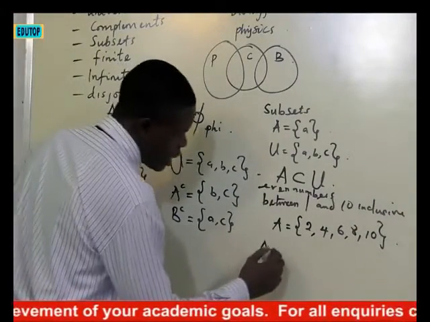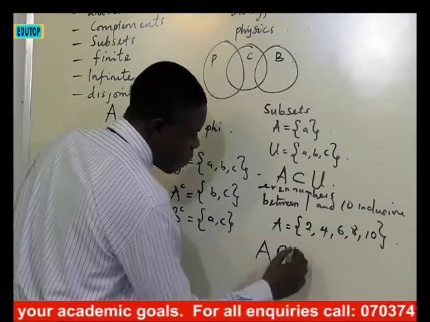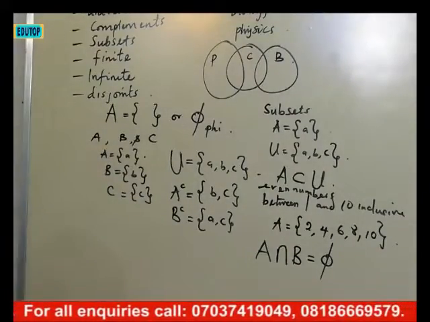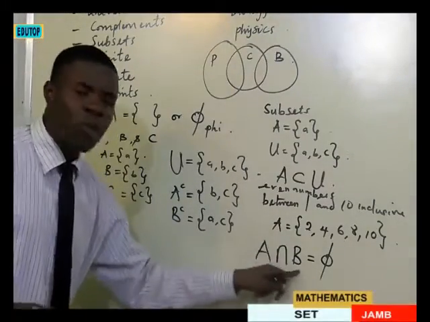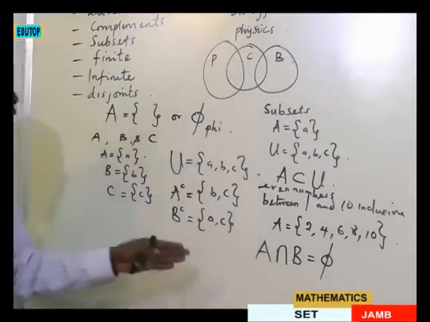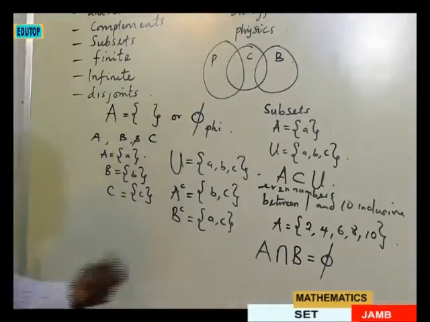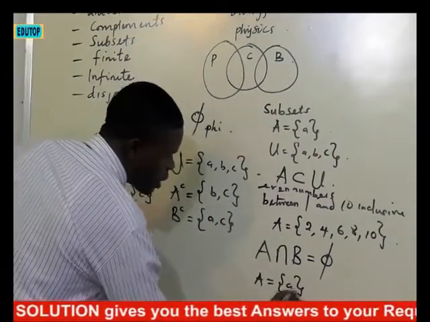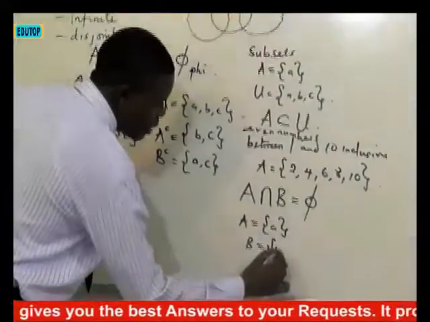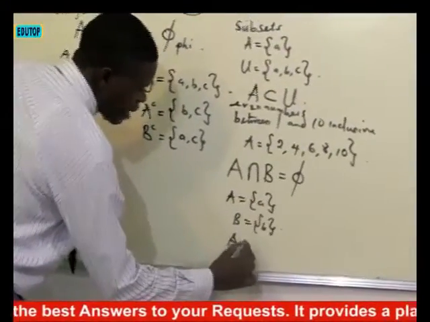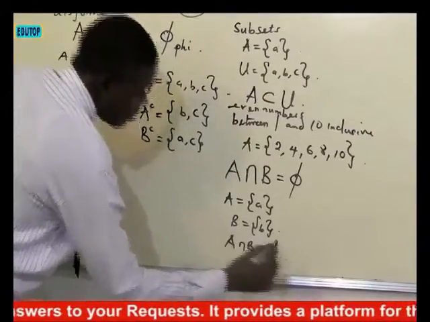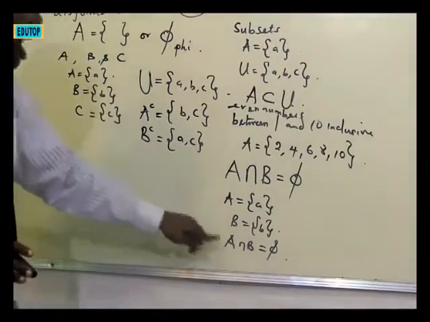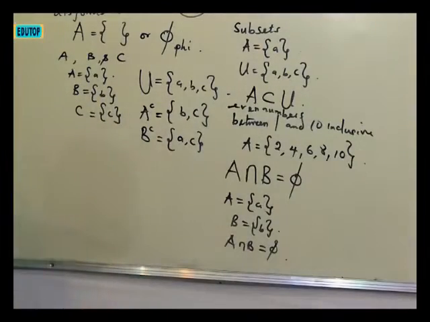If you have a set A intersection B and it is equal to the empty set, so you say that A and B are said to be disjoint, because there is no convergence, there is no point of intersection. For example, A contains this and B contains this. Then when you say A intersection B, it will definitely be an empty set. This has described the disjoint sets. You can see that A and B are disjoint sets.